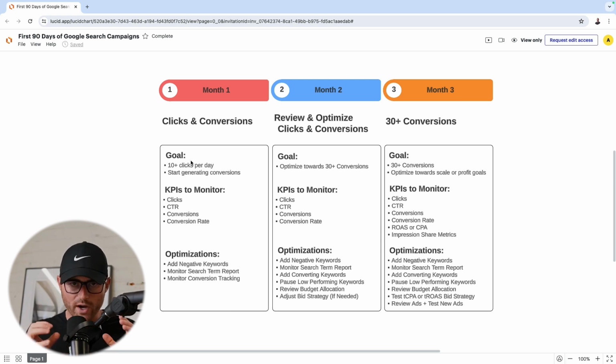Now, what KPIs should you be monitoring? Well, it's very simple. You really should just be looking at clicks. Am I getting clicks or not? And am I hitting that 10 clicks per day? Maybe your bidding is set incorrectly and you're not getting any clicks and it's not spending the budget. I see that happening.